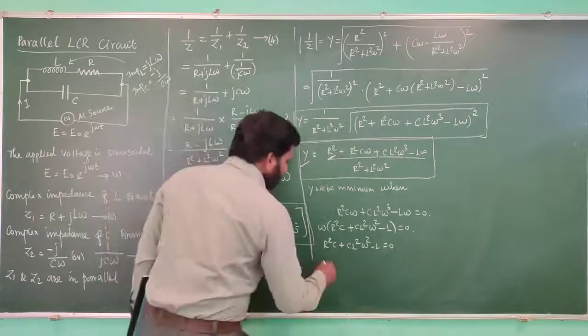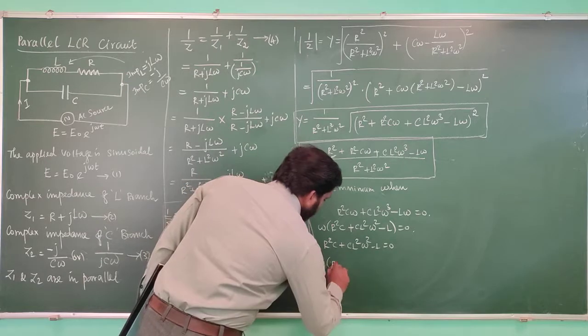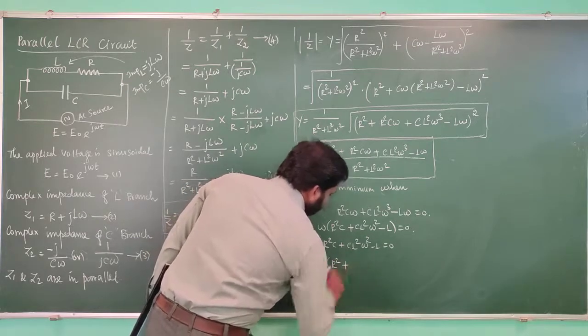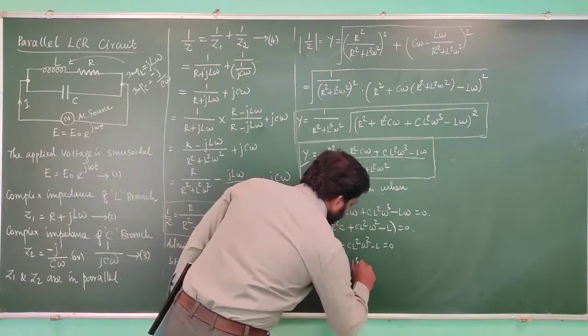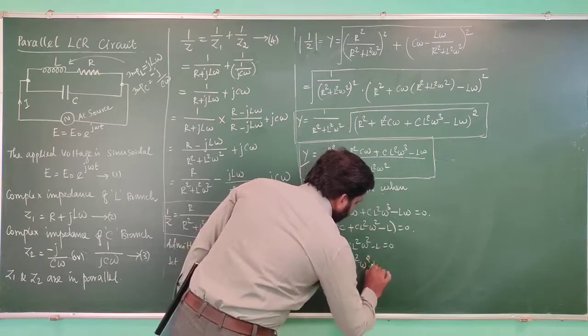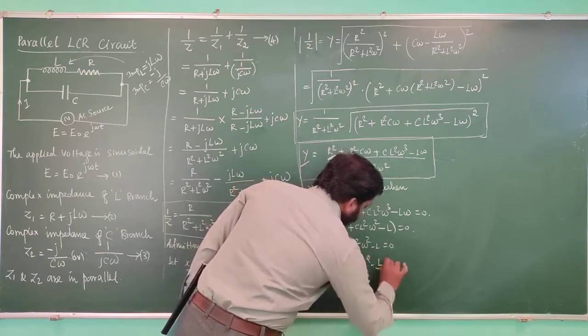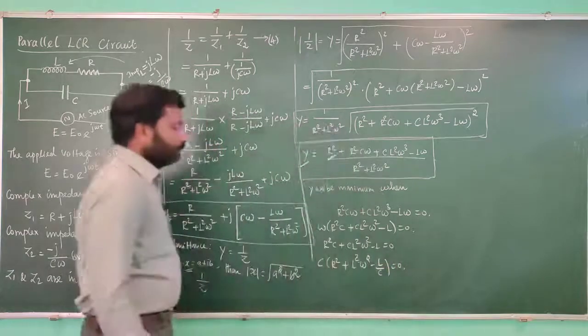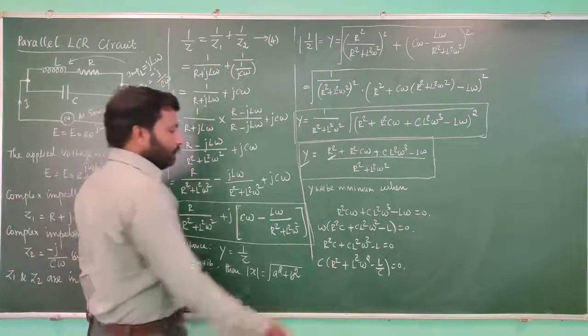In this we can take c common out. So r square plus l square omega square minus l by c is equal to 0. Why l by c?